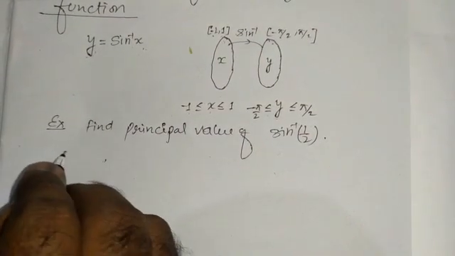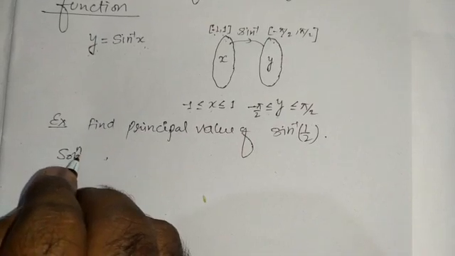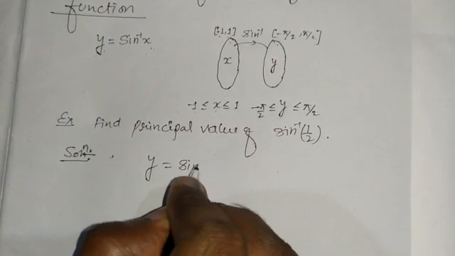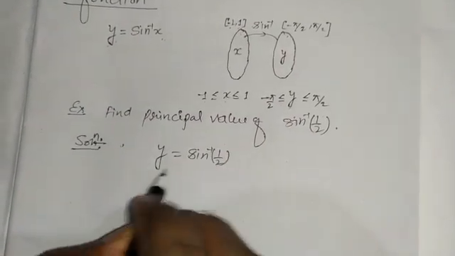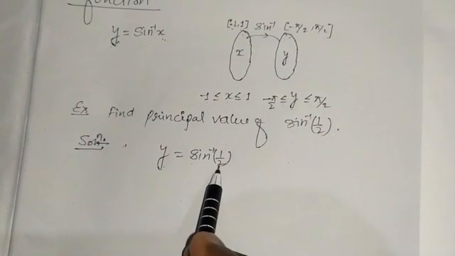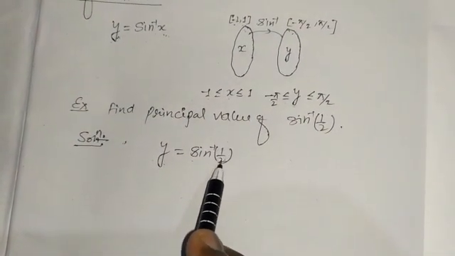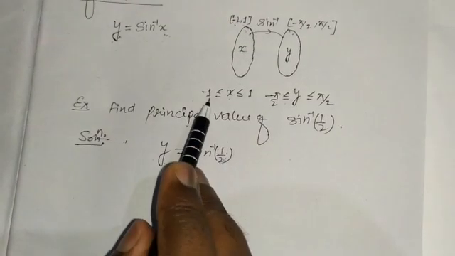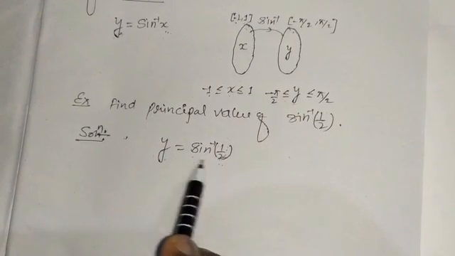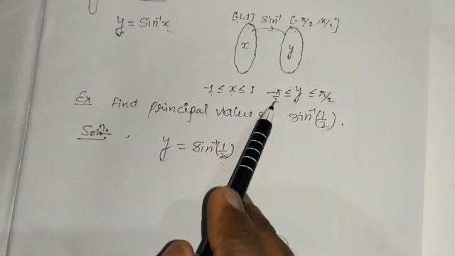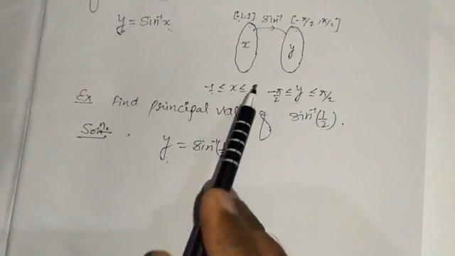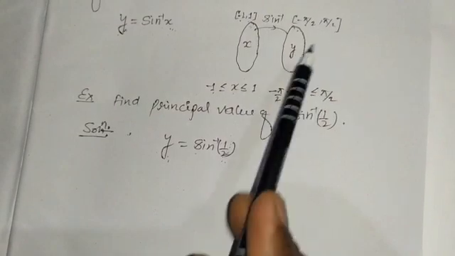First you have to write y equals sine inverse 1 upon 2, like y equals sine inverse x. See here, this is the value of x and this x is lying between -1 and 1. For this 1 upon 2, y also belongs to -π/2 to π/2, because y is an element of the range set and the range set is the closed interval -π/2 to π/2.